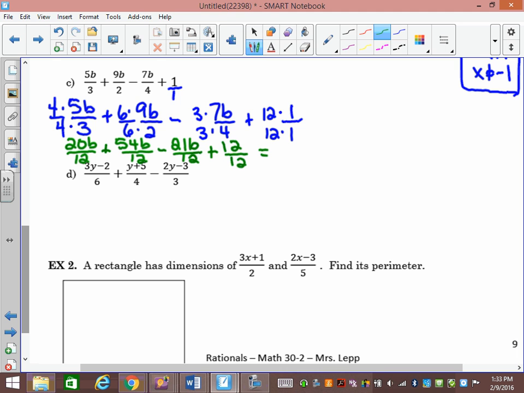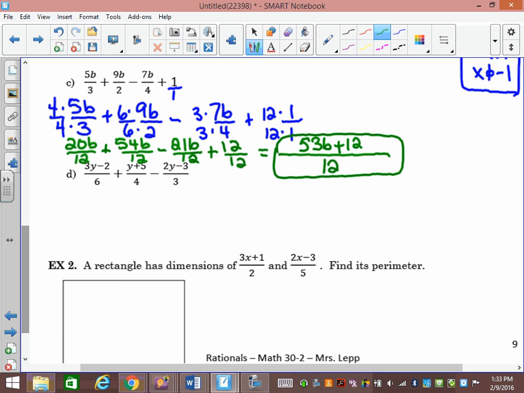Then we can put them all together. So it's all over 12, and we can go 20 plus 54b is 74, minus 21 is 53b, plus 12. The 12 has to stay at the back because we can't put it together because it doesn't have a b.